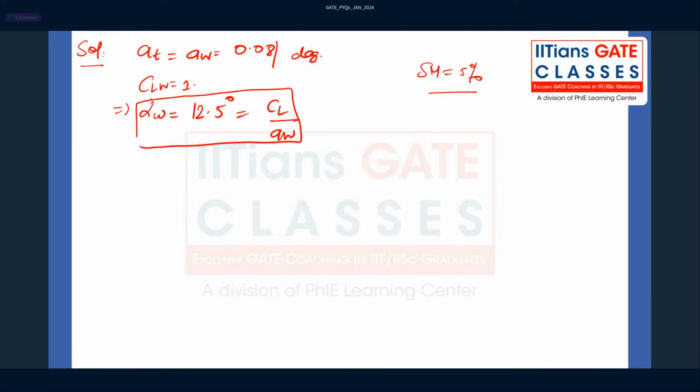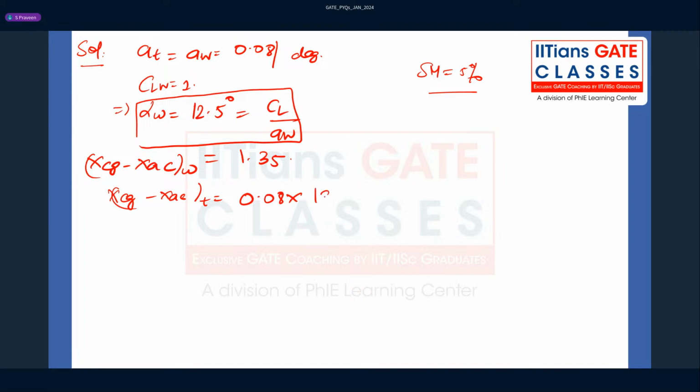Now, what is my XCG minus XAC? We use the formula substitution of the wing. This is simply 1.35. And what is my XCG minus XAC of the tail? It is basically, I can write this as AT, I have to convert this into per radians, so we'll have 180 by pi, plus I will have a 0.05.